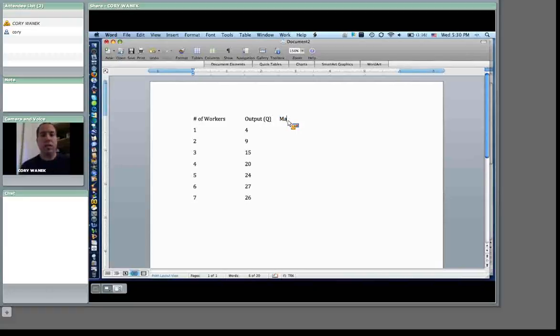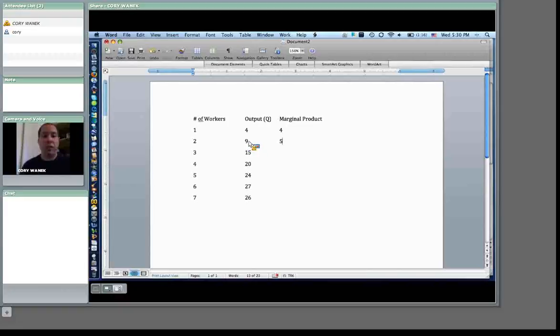Well, let's look at what the marginal output is then. It's called marginal product. Well, as you can see, the first worker added to the output of 4. 0 to 4 is 4. The second worker added how much? 5 to the output. Third worker added 6 to the output.